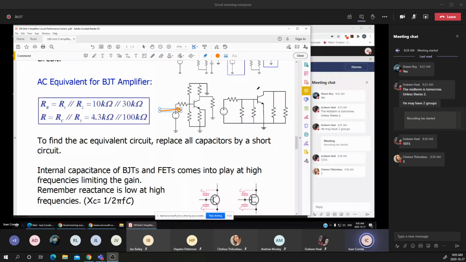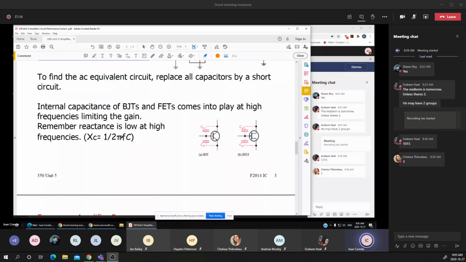On top of that, I have to replace the transistor with the RE model, and now we are starting into the AC analysis. Again, we are not going into the AC analysis. I'm just showing what the changes are and what the rules are for the AC analysis.